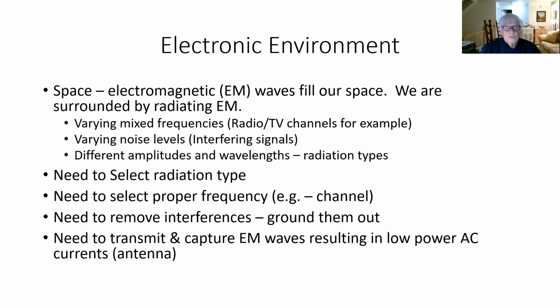We want to remove interferences. Those signals that give interference, we want to discard them, so we ground them out. So we create a filter that essentially grounds them out so they don't participate.